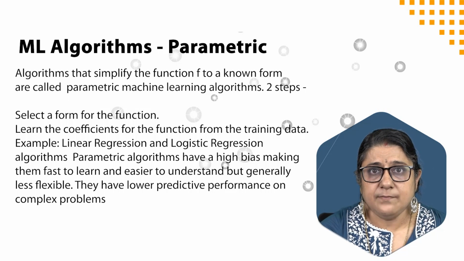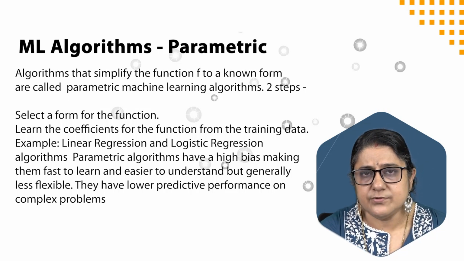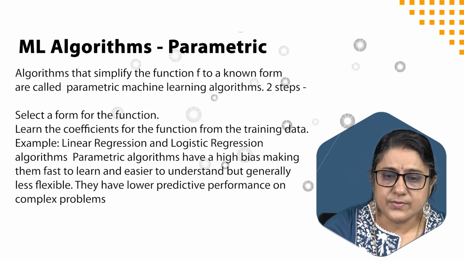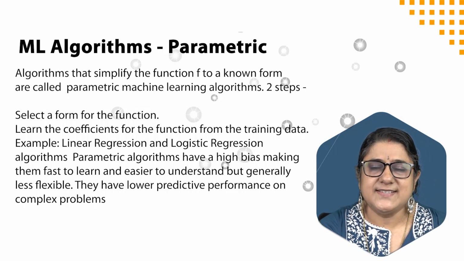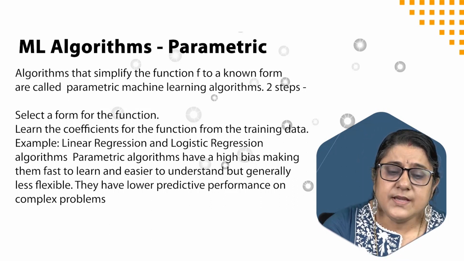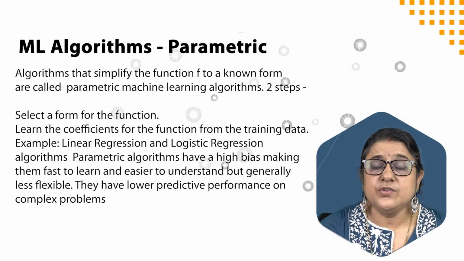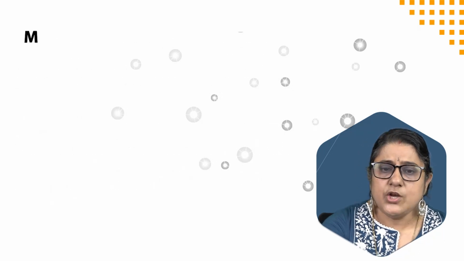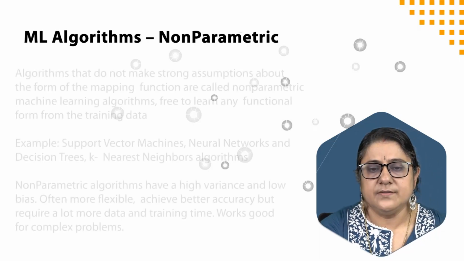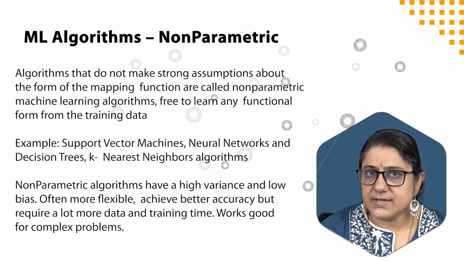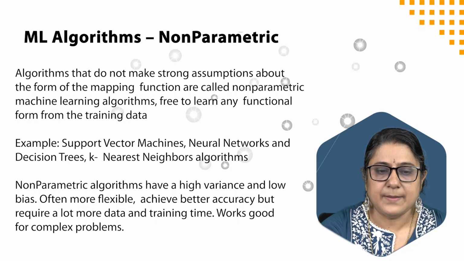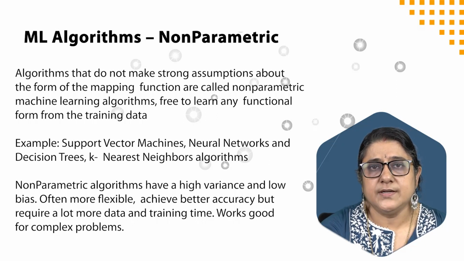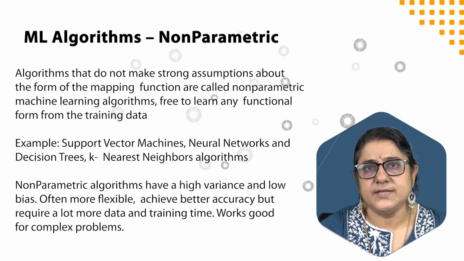The bias is high because the distribution of the data is already known, and they are generally very less flexible. They have lower predictive performance on complex problems because the flexibility is less. In non-parametric algorithms, they do not have any strong assumptions about the form of mapping, and thus are free to learn any functional form from the training data.